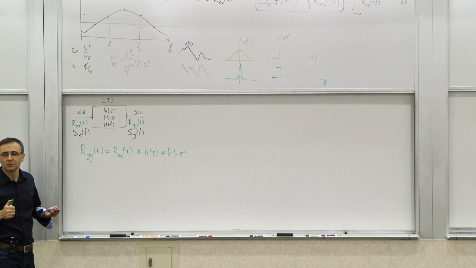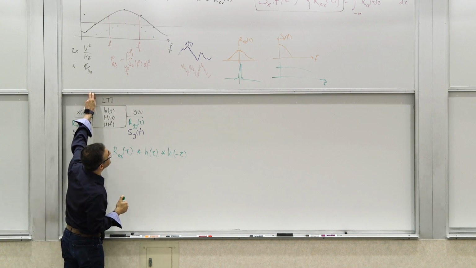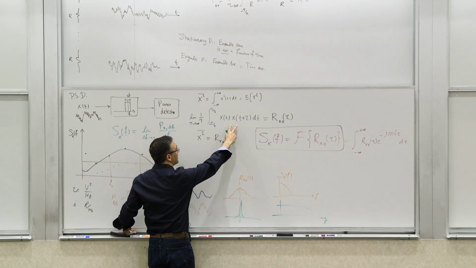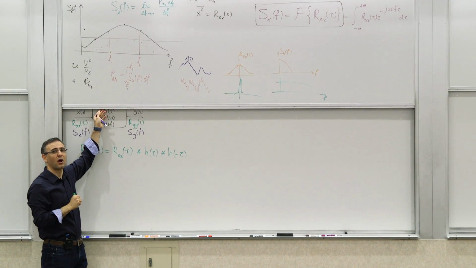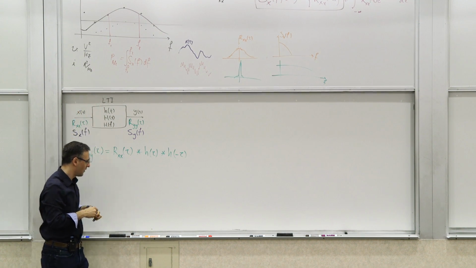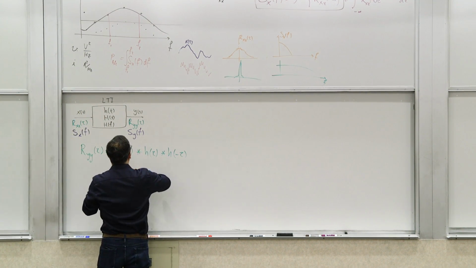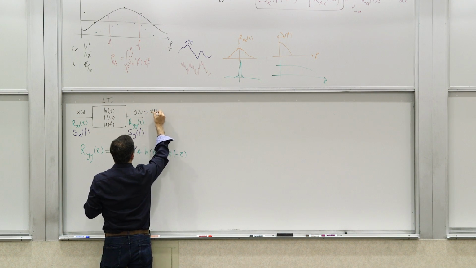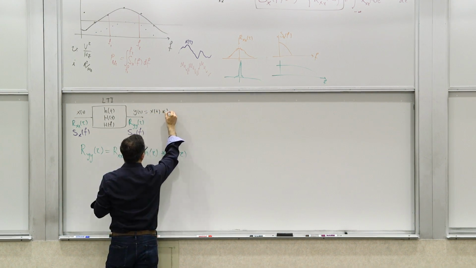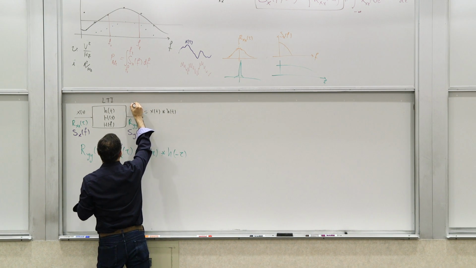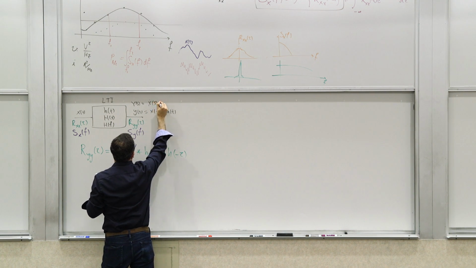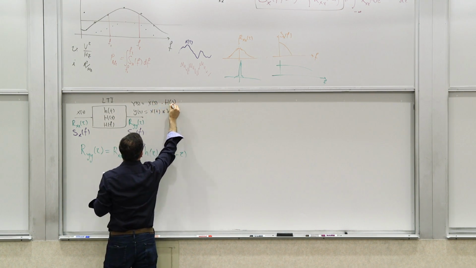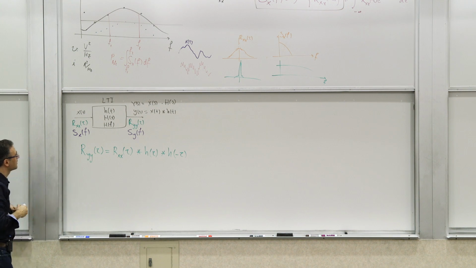All you need to do to calculate this is to use the definition of the autocorrelation function for y and write y as x convolved with h of t, because that is how you determine y. Conversely, Y of s is going to be X of s times H of s. So that's true for deterministic signals.